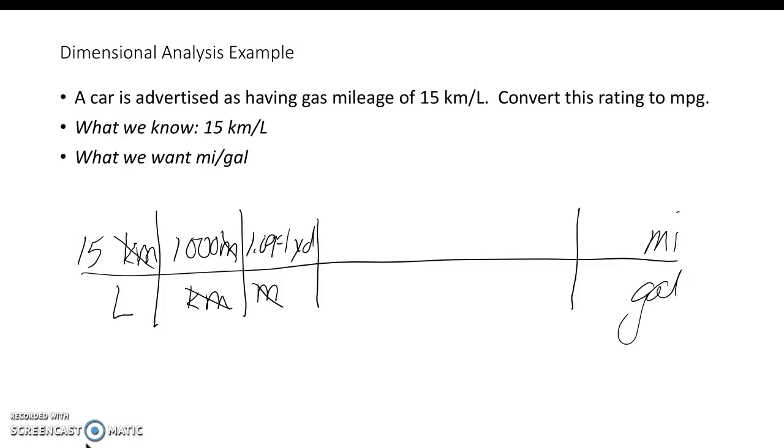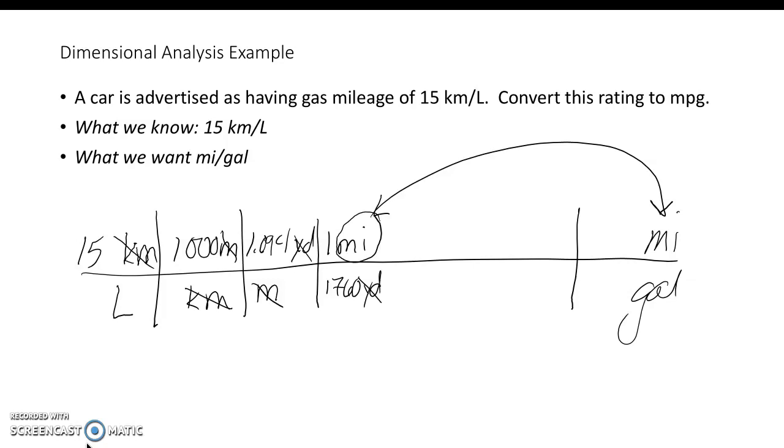And so it's 1.094 yards in a meter. I put the conversion with the yards over the meters, so the meters cancel out. Now I have yards, and then I know that 1 mile has 1760 yards in it. And so when I cancel the yards, I now have miles on the top, and that's what I needed in my answer.